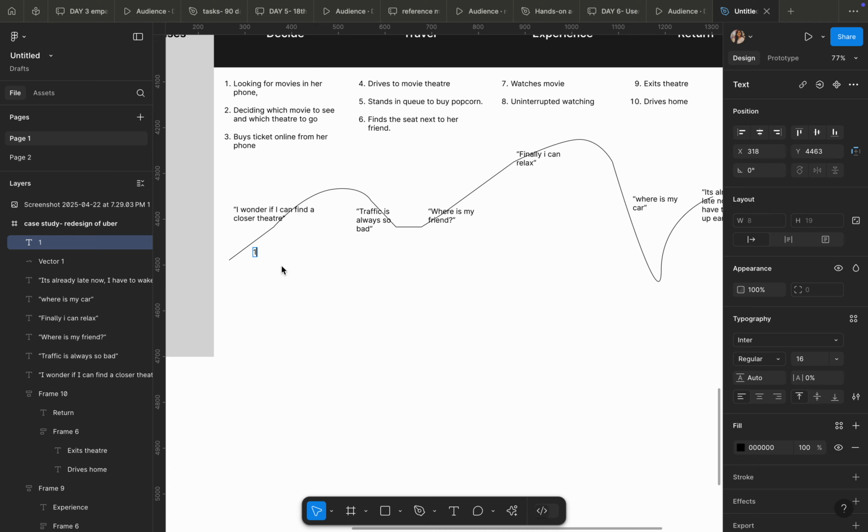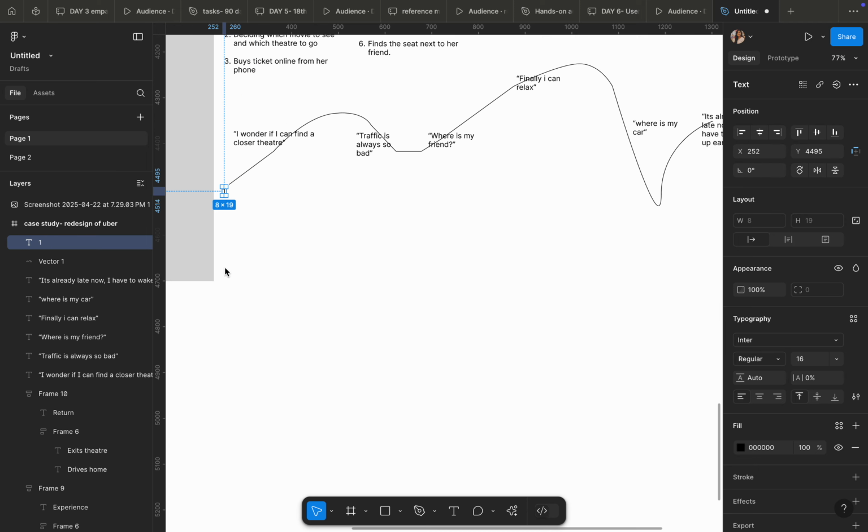You can add numbers for each, indicating how the user is feeling.